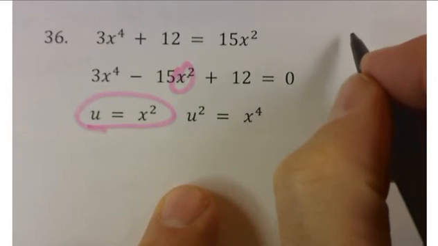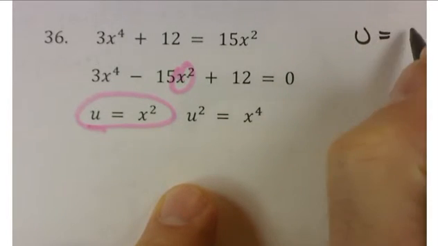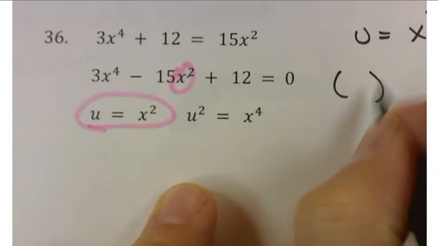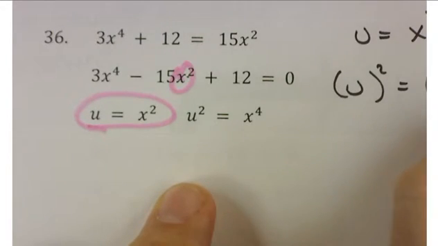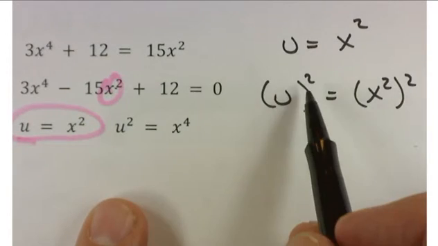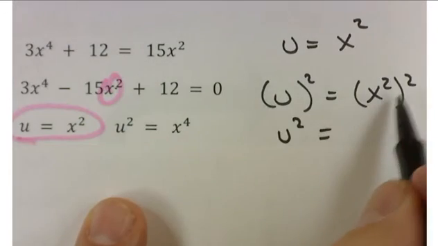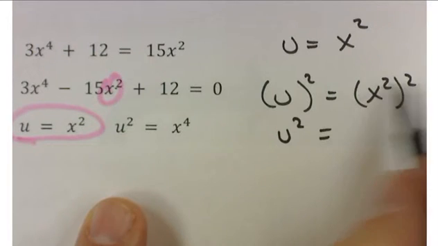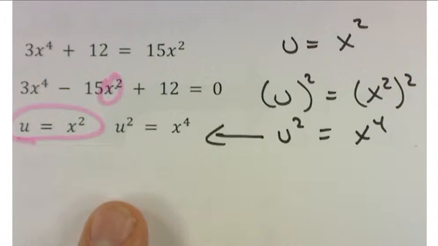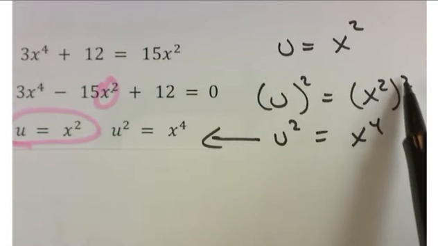And let's see what happens if I square that relationship. If I have u equals x squared, what's going to happen when I square both sides? Well, I'll get u squared equals x to the fourth. And that's exactly what I have here. So, do these two exponents add or multiply?